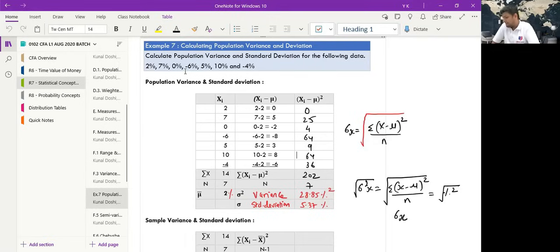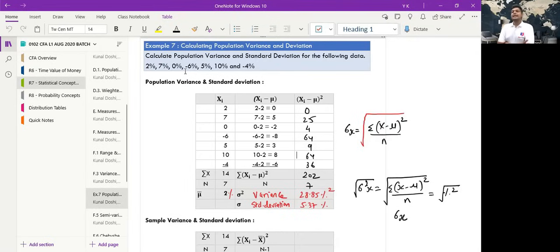But tell me one thing: let's say there are 500 shares in a particular exchange. If I take all the 500 shares, that is a population. If I take a sample of only 50 and analyze that, then it's a sample.